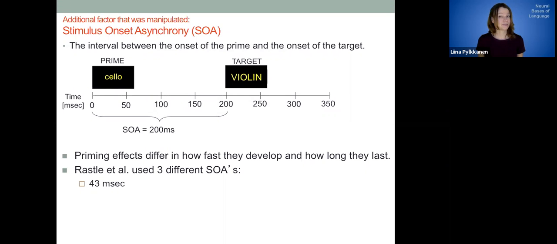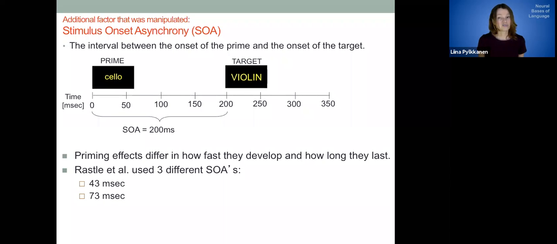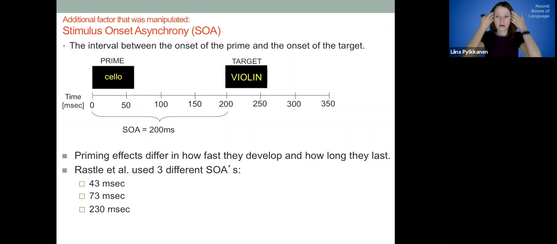That's super quick. In fact, that's quick enough that the subject won't really be conscious of even having seen the prime. The second one was a mid-latency one, 73 milliseconds, still really fast. And then finally 230 milliseconds. That's an SOA that allows you to fully appreciate the prime stimulus.